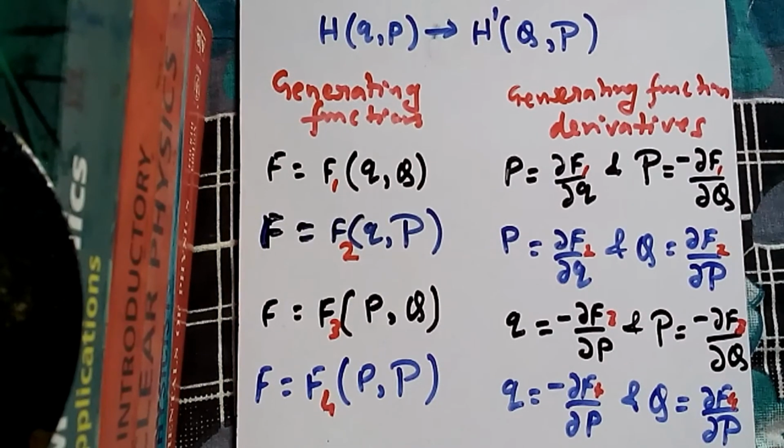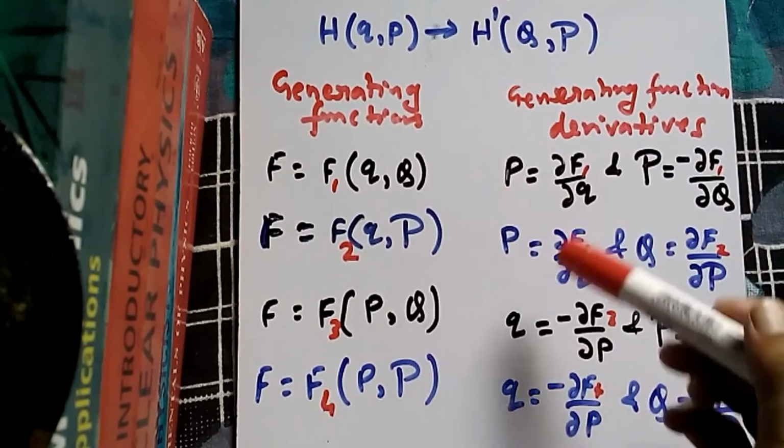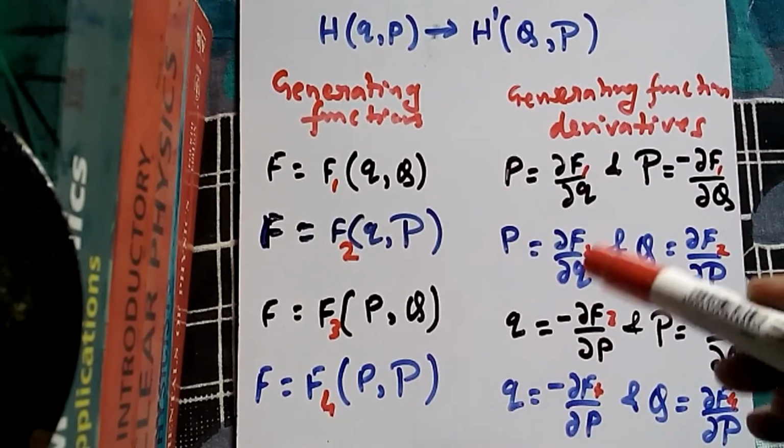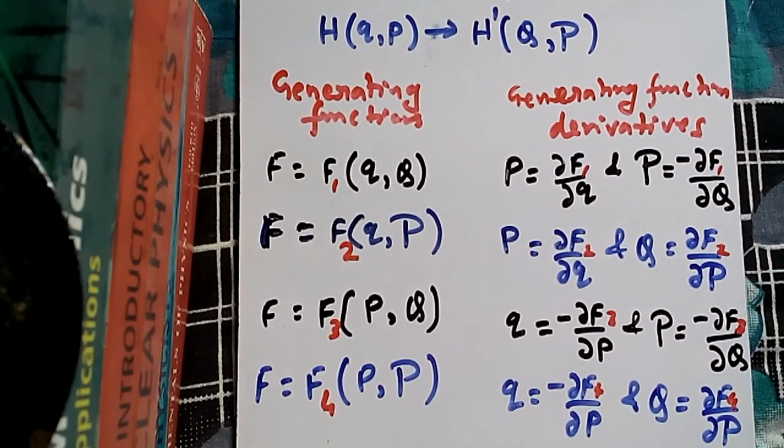Now what is the use of generating functions and these formulas? These formulae can give us the interrelation between the old coordinates and momenta with the new coordinates and new momenta. Thus we could have the new Hamiltonian by substituting those values into the old Hamiltonian.